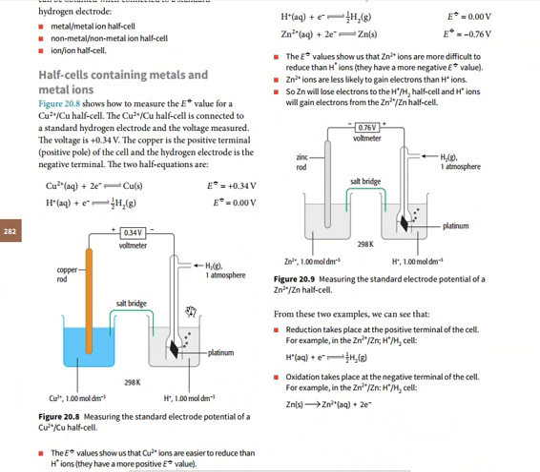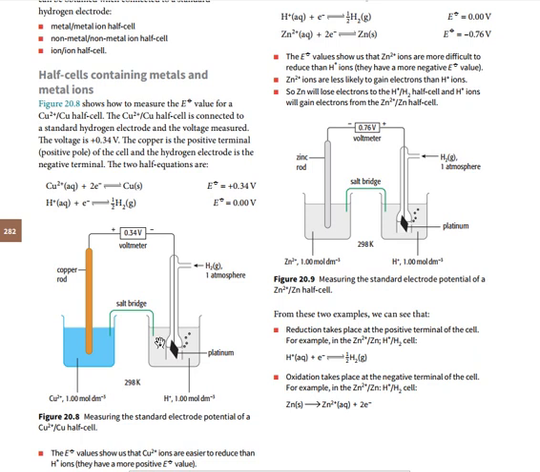Now all these standard electric potentials are going to be calculated with respect to the hydrogen electrode. In order to produce this circuit, we need a copper rod at this position, one electrode, and the hydrogen electrode at the other, and in order to close this circuit, we use a salt bridge. Usually the salt bridge is either potassium chloride or potassium nitrate, depending on the solution you are going to use.